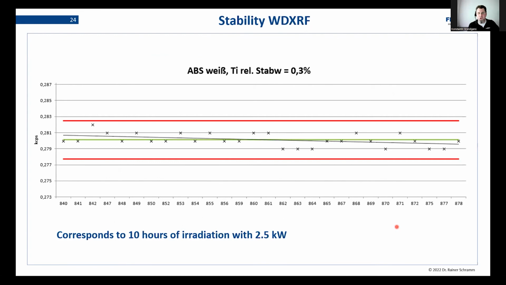The next one shows a similar experiment with a wavelength dispersive unit where we use high power, 2.5 kilowatts, and we irradiate that piece of plastic many times, roughly 10 hours. The interesting factor is that we can actually see how the irradiation affects the standard.